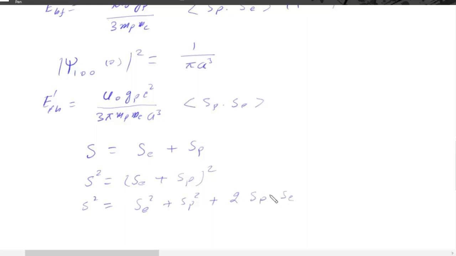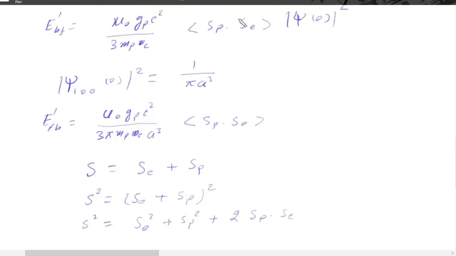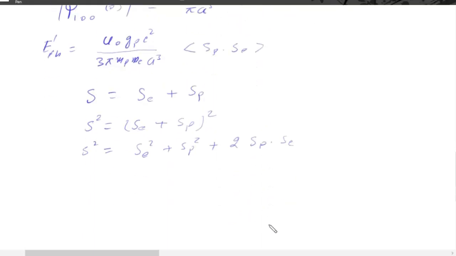We can find this term. Okay, here we look here, we find this, then this is equal to S_p · S_e and we transfer these two terms to this side, is equal to S² minus S_e² minus S_p², and then divide by 2, that is 1/2. This is the value of this.